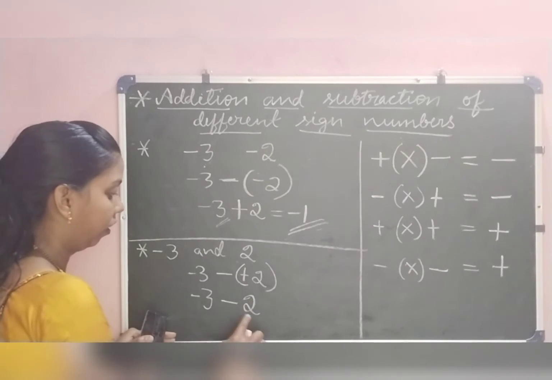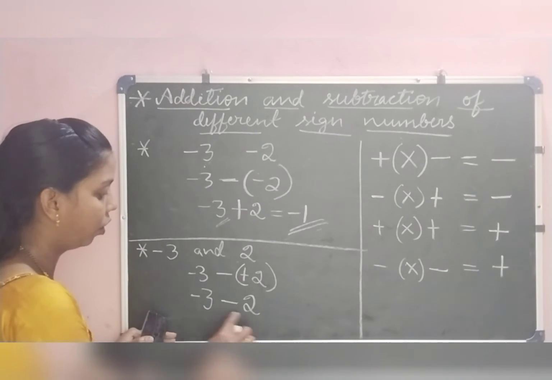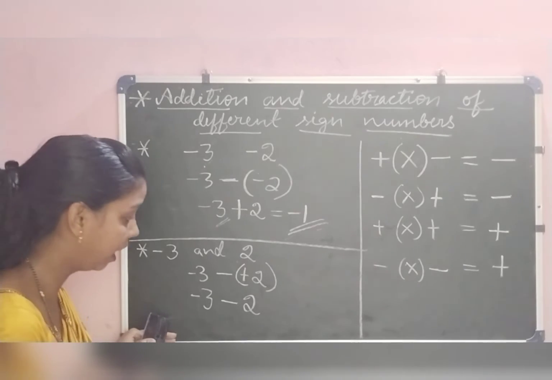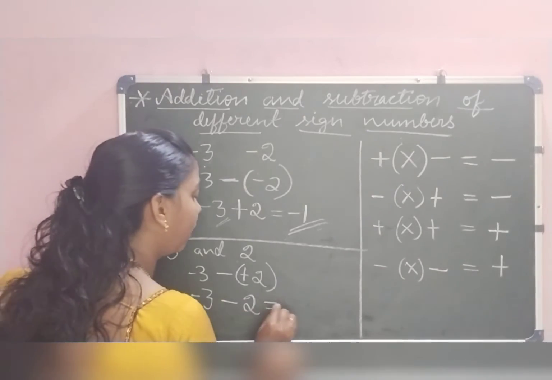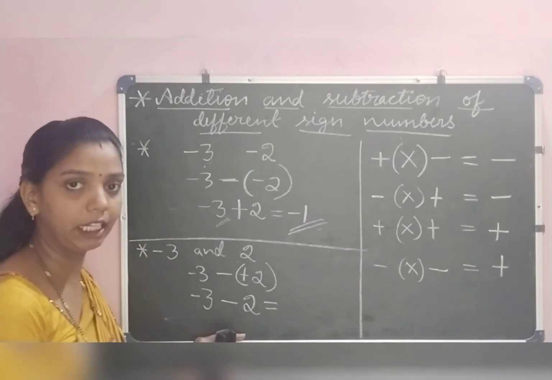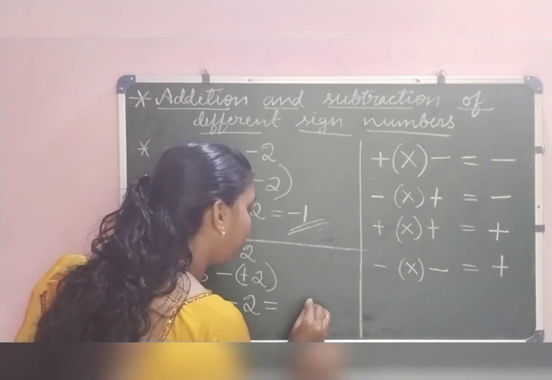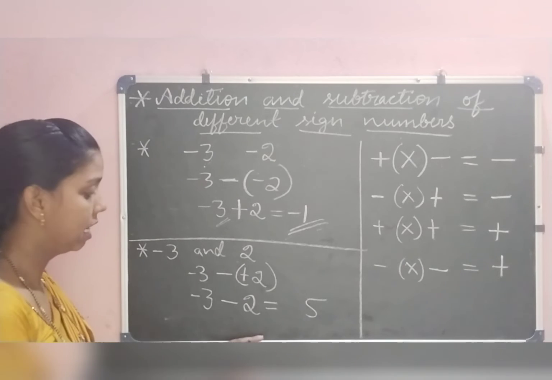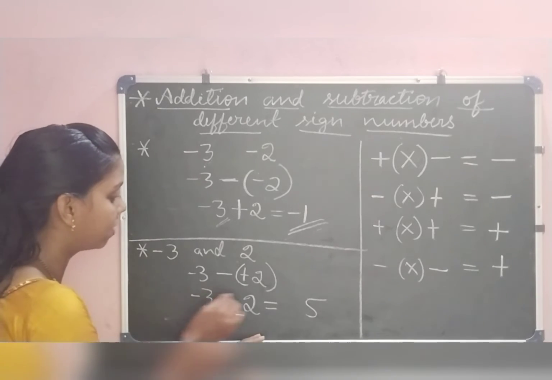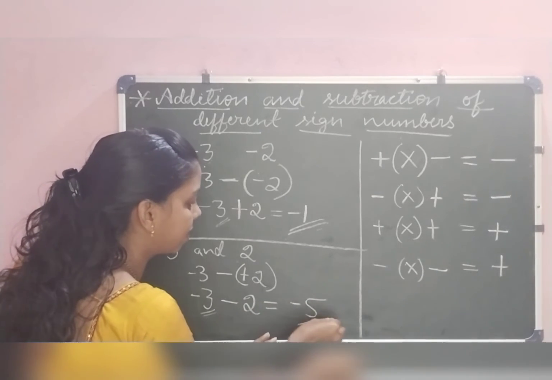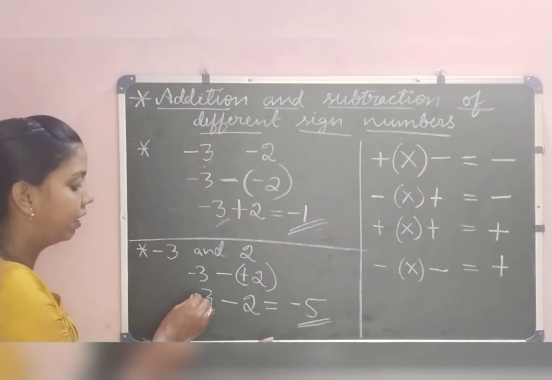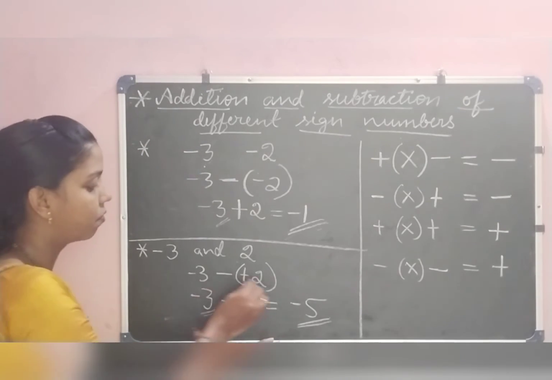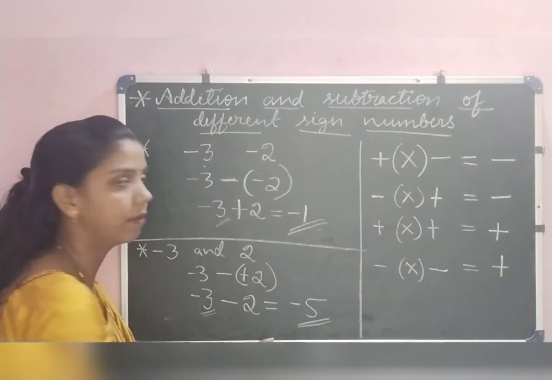Now, after calculating the sign, if you get the same sign, you have to add those two numbers. 3 plus 2, that is 5. The larger number is 3. Its sign is minus. That's why minus 5.